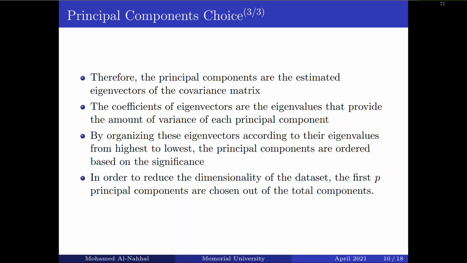By organizing these eigenvectors according to their eigenvalues from highest to lowest, the principal components are ordered based on significance. In order to reduce the dimensionality of the dataset, we can choose the first k principal components out of the total components.